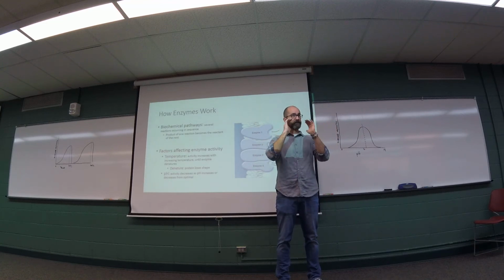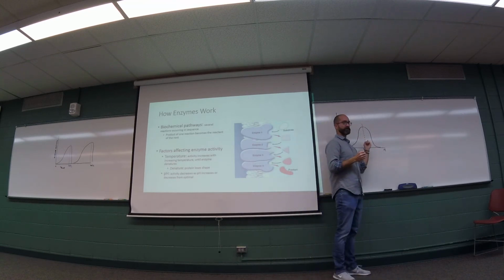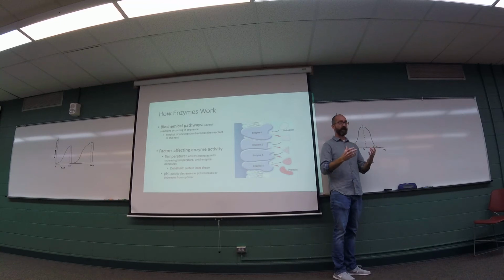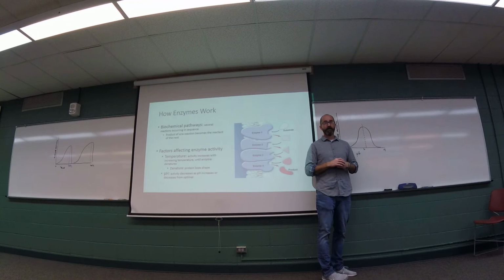That divergence from the optimal pH is going to have the same effect. Or said differently, if enzymes are exposed to an increasingly alkaline solution, they denature. And if they're exposed to an increasingly acidic environment, they also denature.